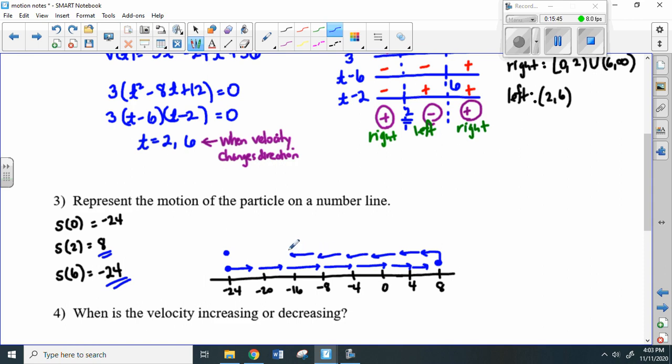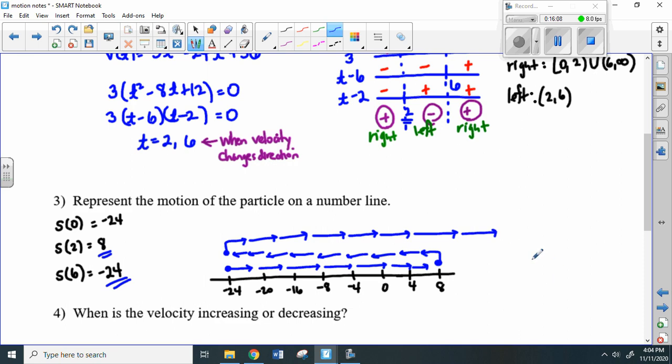Sorry, I'm having trouble with my arrows staying straight. Okay, so I'm going left, and then according to this, I turn and go right at time 6. So I need to show that I'm changing direction, and I'm going to the right forever. Okay, that's what we just said in the previous question, that we keep going to the right forever.